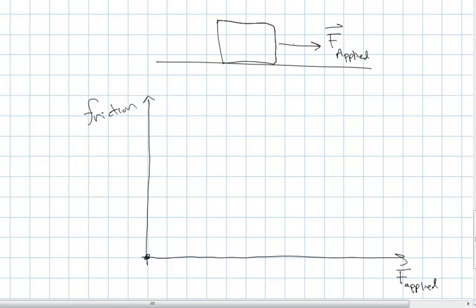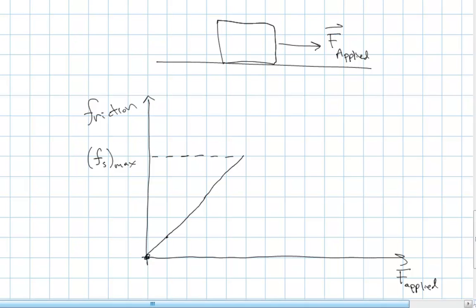If we pull with a force of 1 Newton and the block doesn't move, then the friction force has to be 1 Newton in the other direction. And we keep increasing the value of the applied force, and the friction force keeps increasing until it hits some maximum value. That's the maximum static friction.